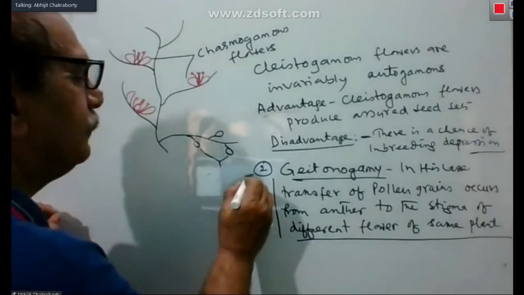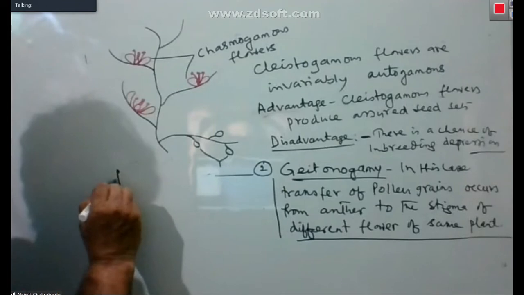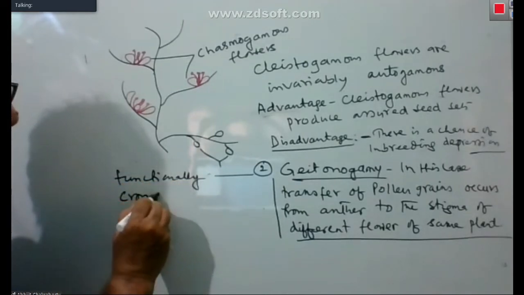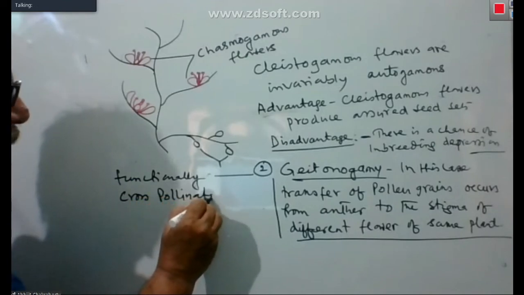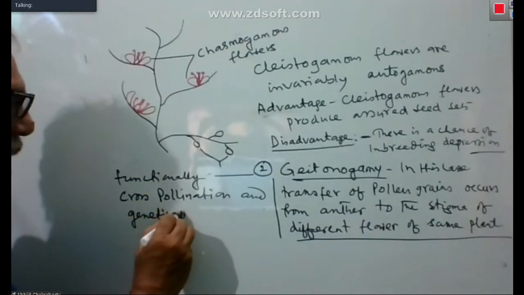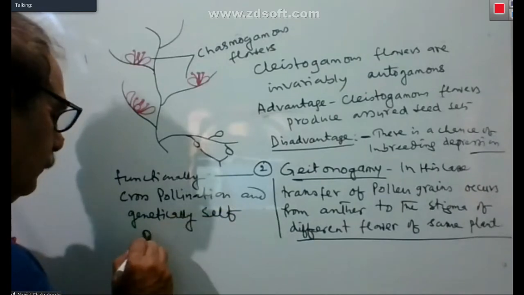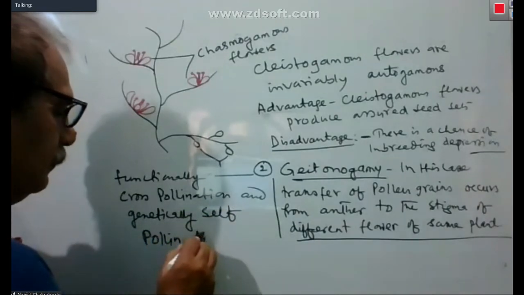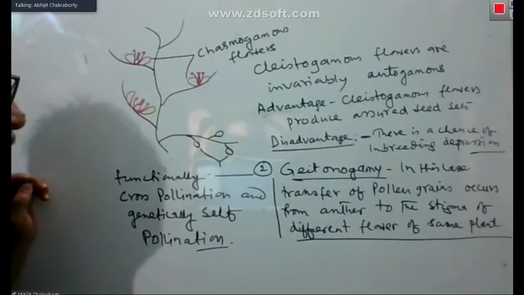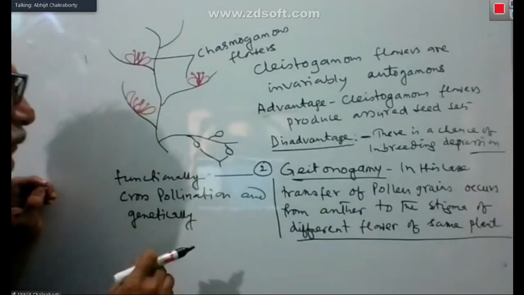So you can call it functionally cross-pollination and genetically autogamy.